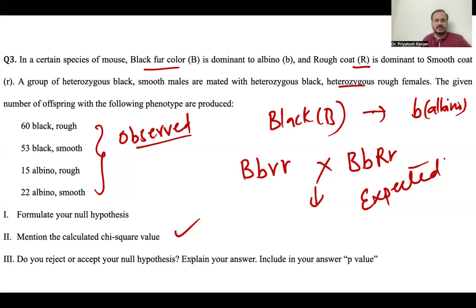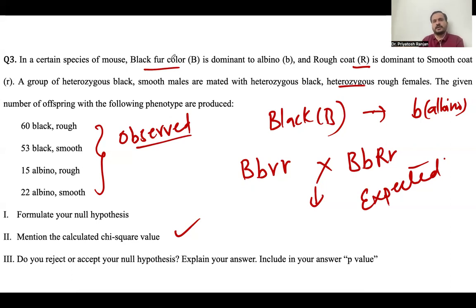We all know what a null hypothesis is. We can create a null hypothesis based upon whatever information is given in the question, and the hypothesis which can be created is we can consider the black fur, which the capital B is dominant to albino, and the rough coat is dominant to smooth coat. So we can say that the coat morphology is dictated by a dominant rough one and a recessive smooth one.